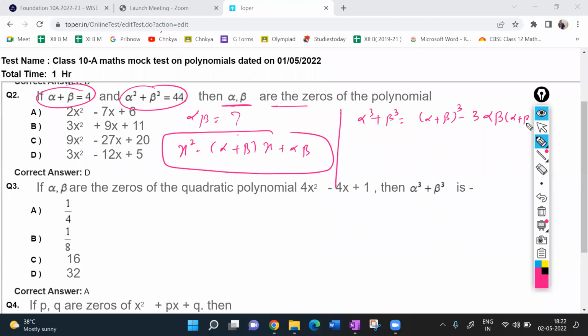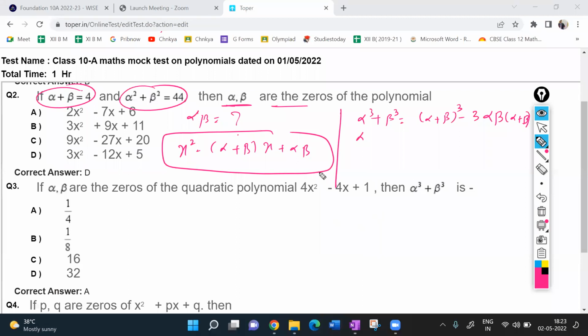Isn't it, beta? That's the formula. But it is square, right? Alpha square plus beta square is given to you, so we can't even use this. I think there is something wrong with the question.